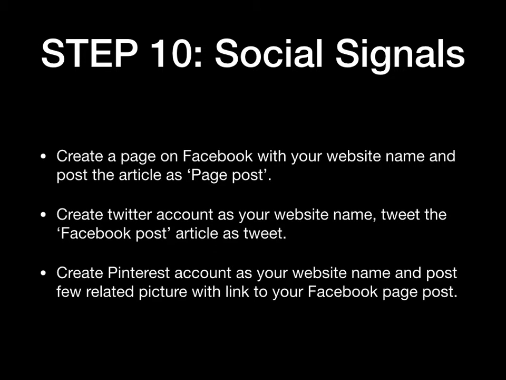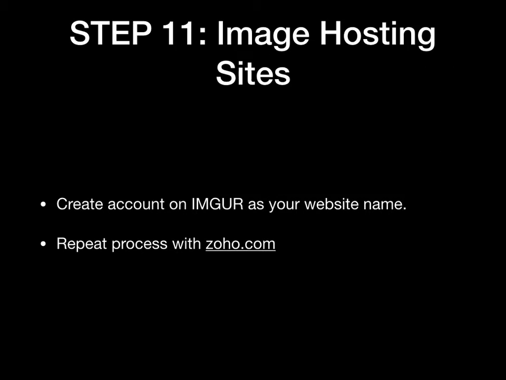So in the social signal step, the first step is to create a Facebook page and post the content as a page post, and then using Twitter and Pinterest, you need to link that page post with both of these websites. It's like creating a circle within the 3 websites. All right, just do it as it is. Okay, this has been proven and tested.